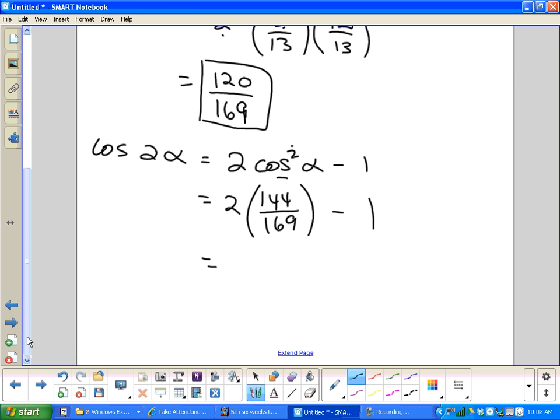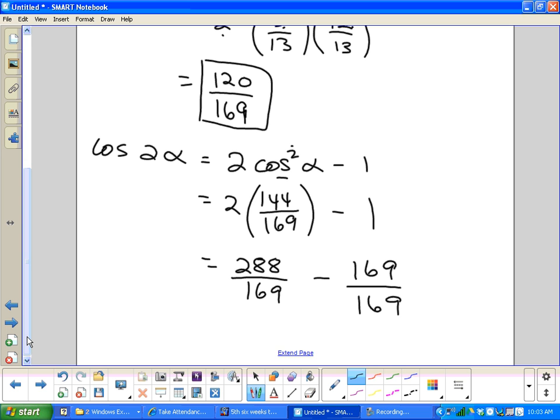Now, order of operations says that we're supposed to multiply first, and then subtract. So 2 times 144 over 169. We'll multiply 2 times 144 is 288. 288 over 169. Now, instead of subtracting 1, very clever, I'm just going to write it like this, because that's the same thing as 1, isn't it? 169 over 169.